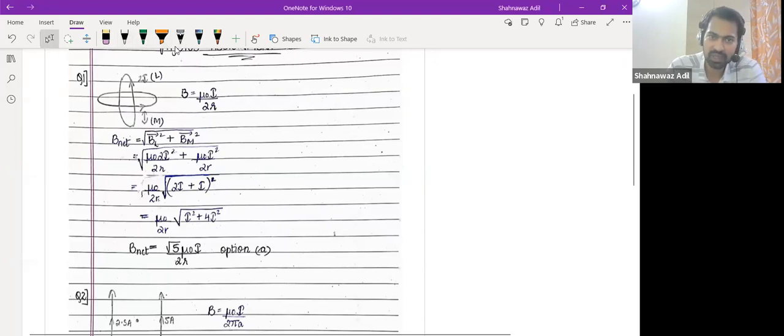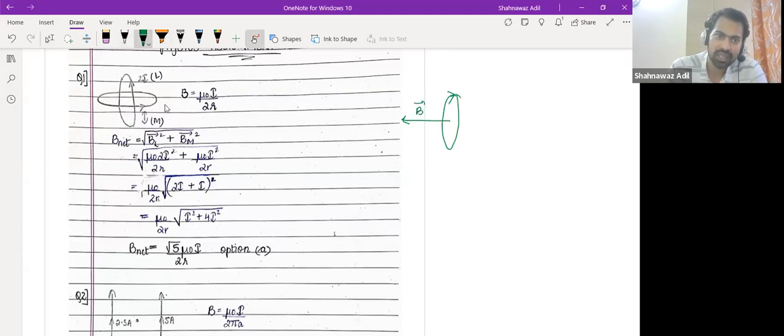Okay, so the first current is this, going like this. So this one has this magnetic field direction, and this one is this direction. So this is minus i and this is j.